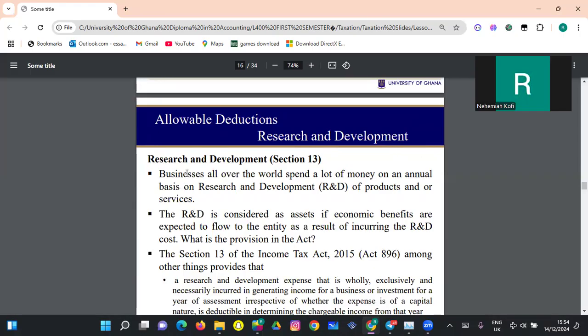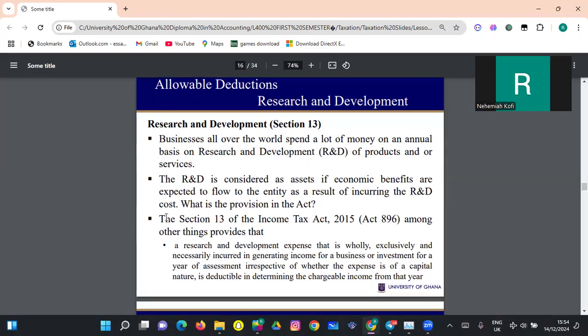So businesses all over the world spend a lot of money on an annual basis on research and development of products and or services. The research and development is considered as assets if economic benefits are expected to flow to the entity as a result of incurring the research and development.